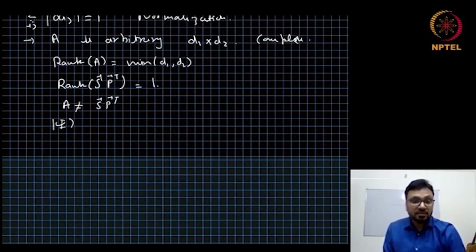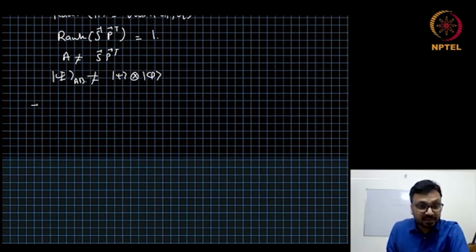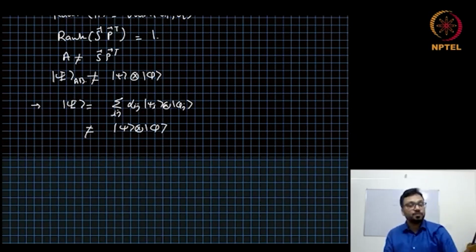So psi need not always be a psi tensor phi state. What I'm saying is the state psi can be written as a superposition of tensor product states, but it need not be a tensor product state itself.